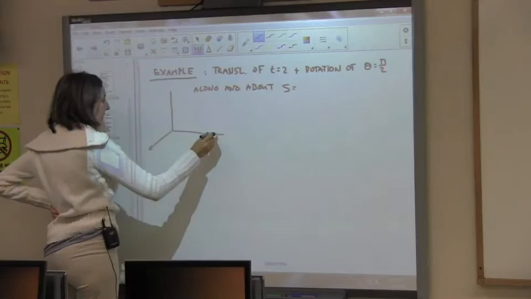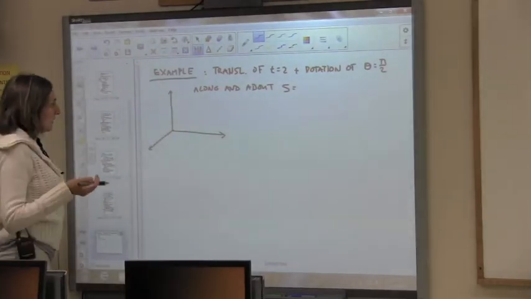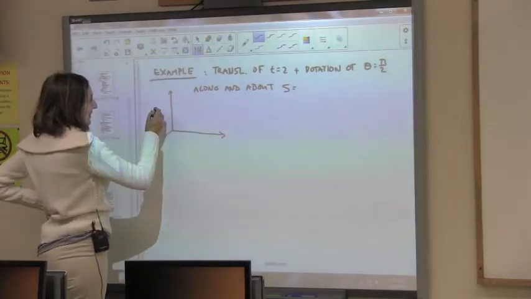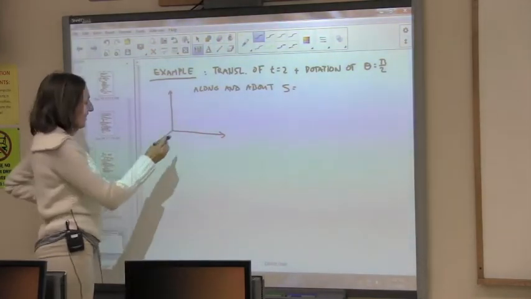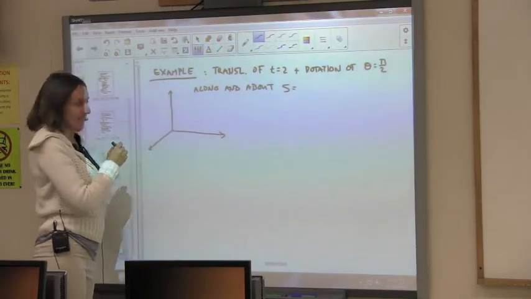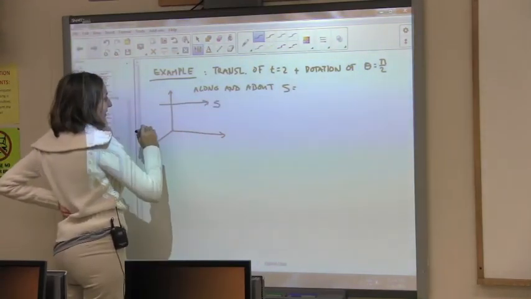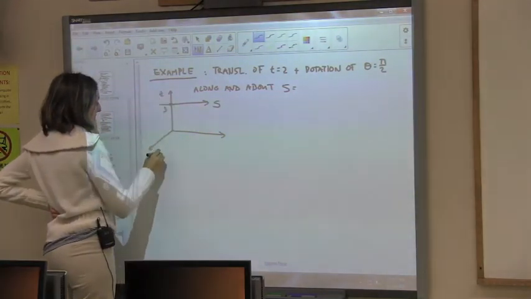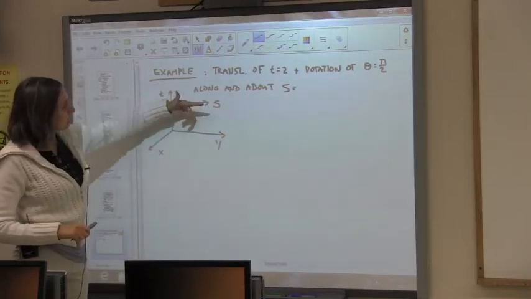Those are the Plucker coordinates of the axis, so you all know. In the y. And where do we locate the axis? Anywhere. Let's just put it here, at 3 in the z direction. So now we are going to rotate and we are going to translate about this axis.